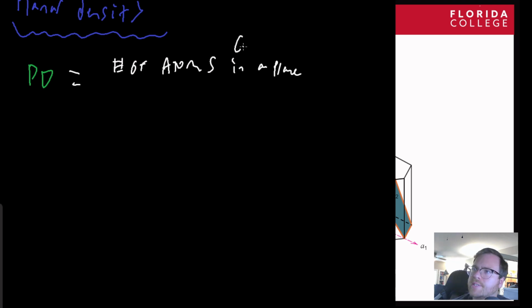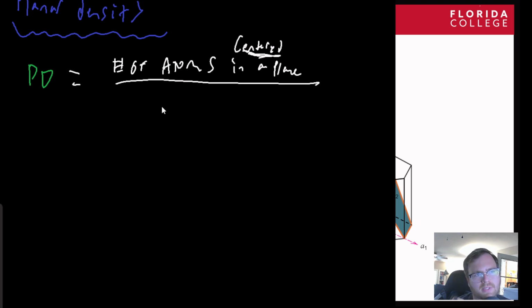Maybe I should add centered here. Centered in a plane just means that the center point of the atom is somewhere on the plane, or is aligned with the plane, over the area of the plane.